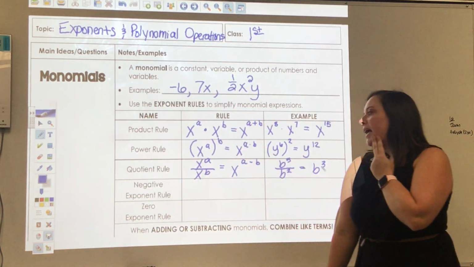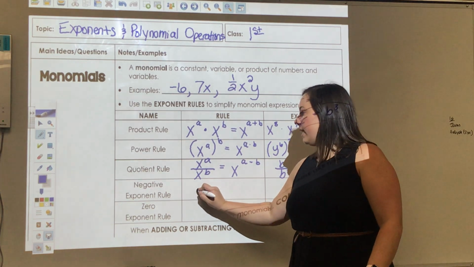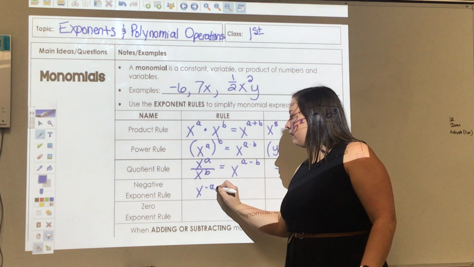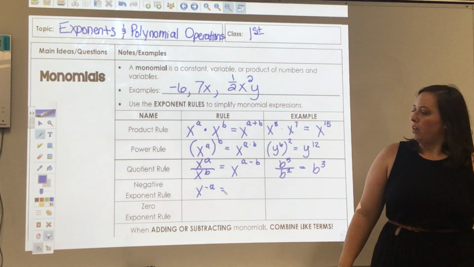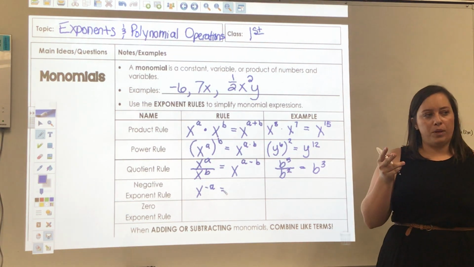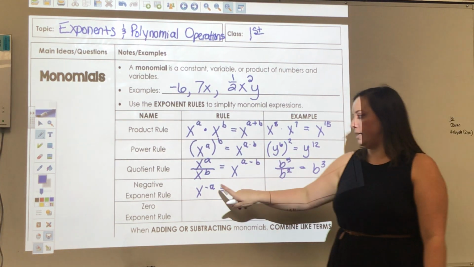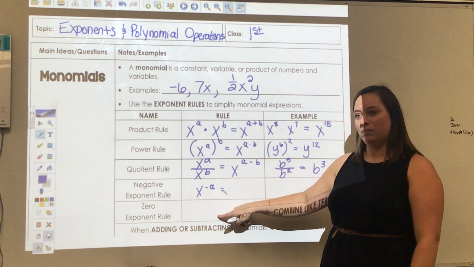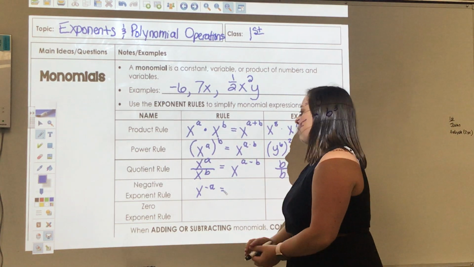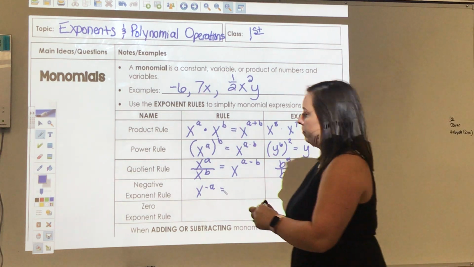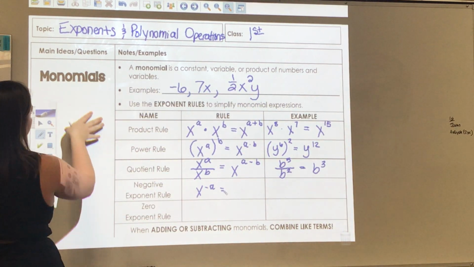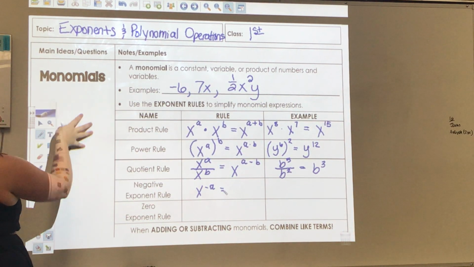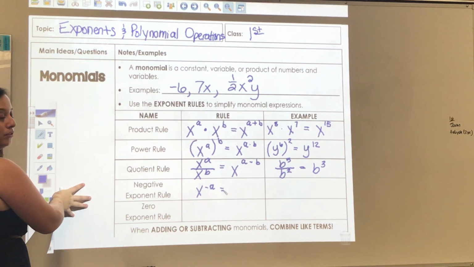Okay, the negative exponent rule. So if I had x to the power of -a, this is kind of like the flipping rule. What happens is that this negative exponent will flip and go to the bottom. If you didn't already know this, you can actually write this up. This is meant for any notes that you want to write yourself.